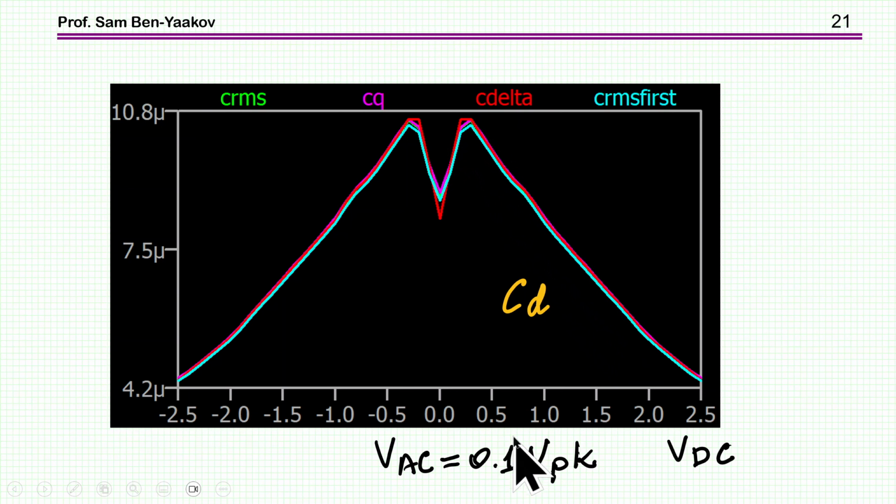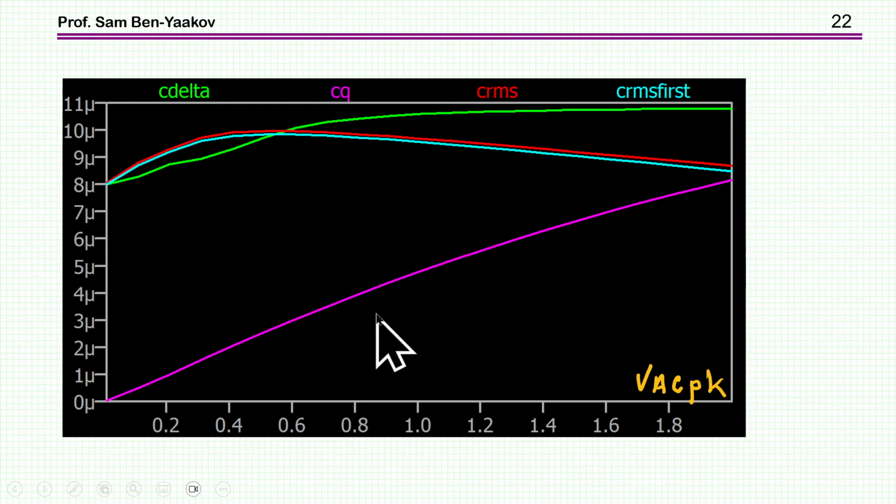So again, the magnitude of this excitation is very, very important, and you get different results. Now, when the resolution is that fine, all the capacitances are, of course, the same because there is practically no distortion here. However, if I look at the AC capacitance around 0 volt DC, I see quite a bit of a difference between all these capacitances.